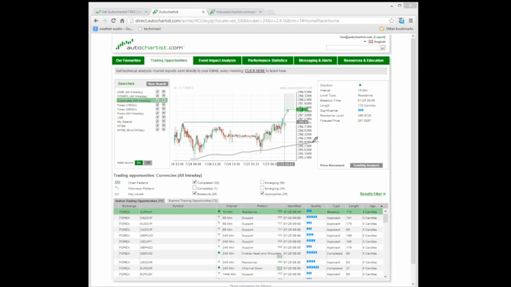Yes, it is quite a lenient stop level, but then you're getting into the realms of money management. You should always size your positions according to how much you're prepared to lose on that position, not how much you want to win on that position. So if you ask me where I should set my stop level, this is where I would set it.